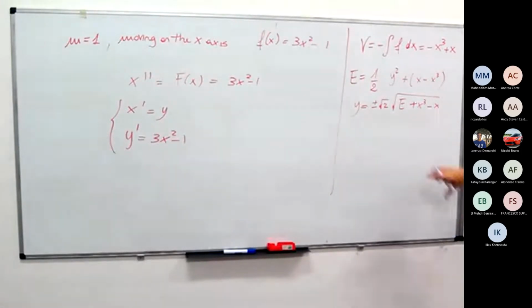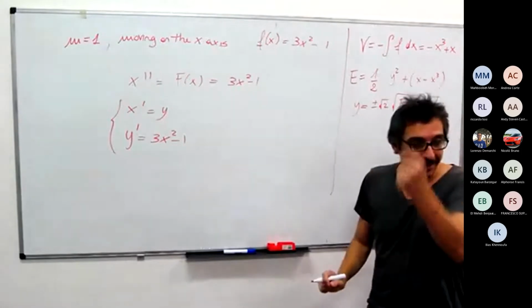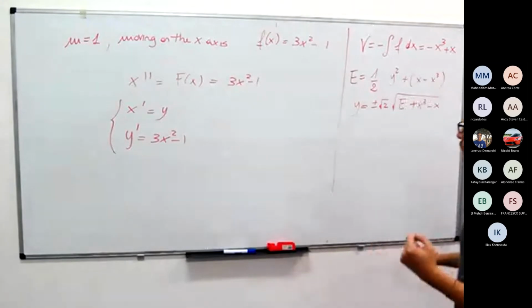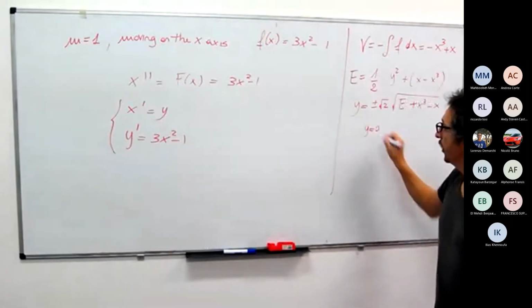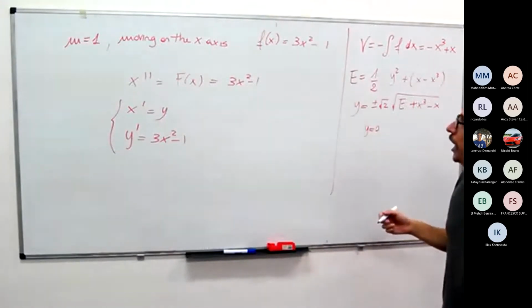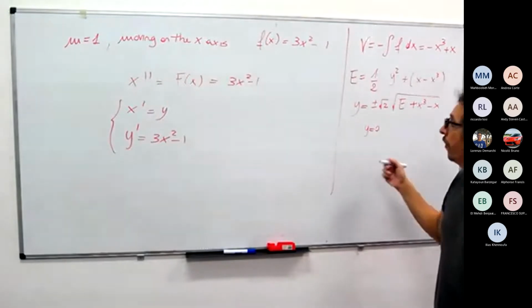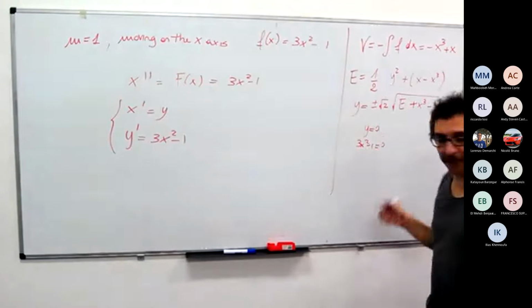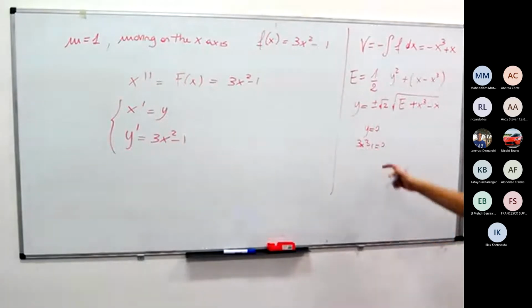The equilibria of the system are the points where the point mass is still, does not move. So those are the points where the velocity is equal to 0 and the force which is acting on the point is also equal to 0.